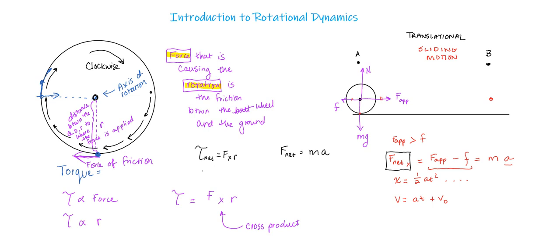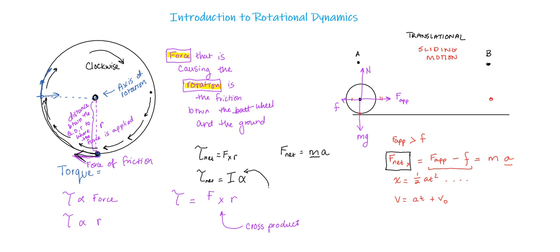What I'm going to show here is that if you have more torque, if you push harder here, you're going to cause the position to change faster, so that has something to do with angular acceleration. And then instead of talking about just mass, we're going to talk about what's known as the moment of inertia.